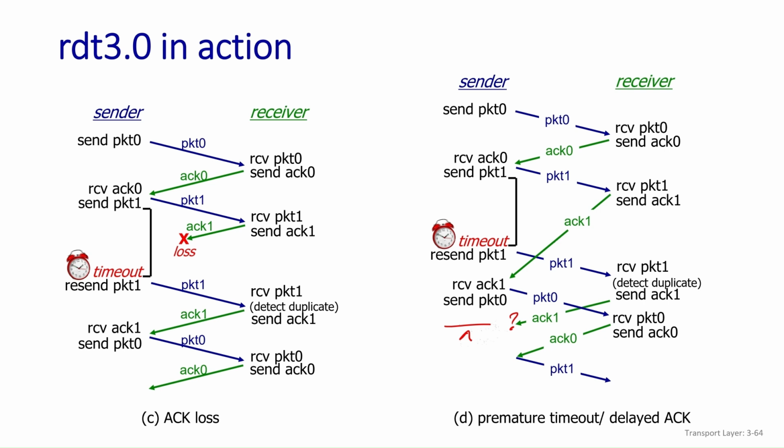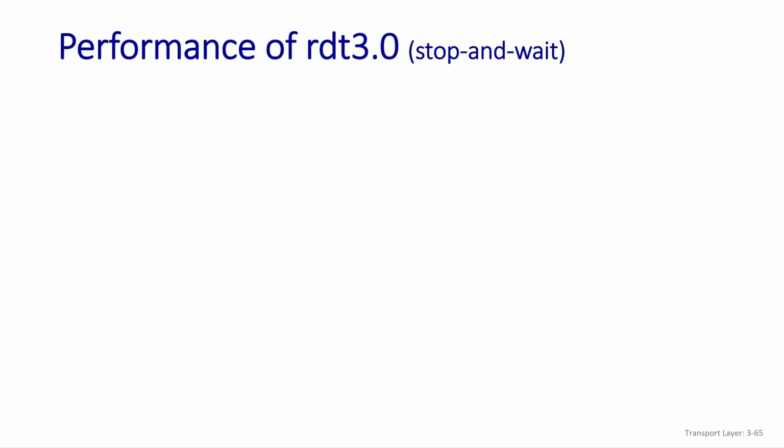So what we have done so far is that we have tried to come up with a reliable data transfer protocol by introducing different characteristics to this underlying channel, making the reliable data transfer mechanism more complex by making different assumptions about the underlying channel, right?